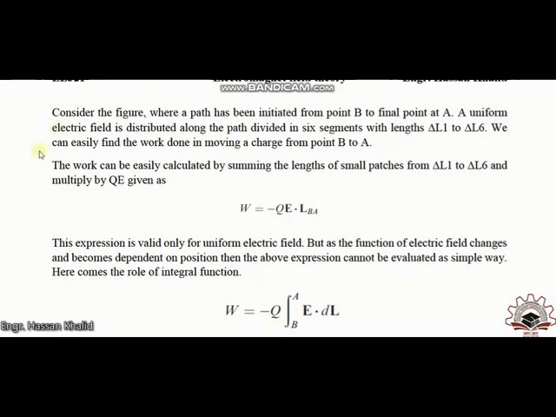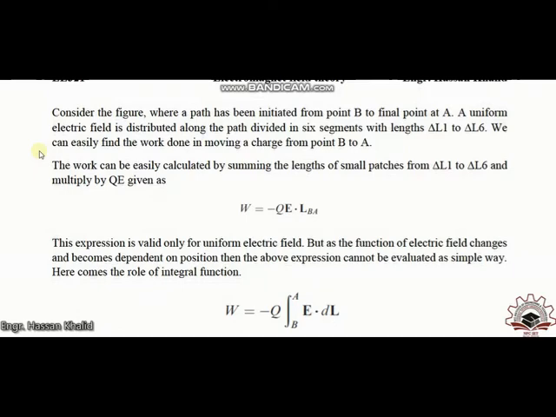Now, as we have seen in the above figure, the path has been initiated from point B to the final point A, and we assume that a uniform electric field is distributed along that path with 6 patches, starting from del L1 to del L6.